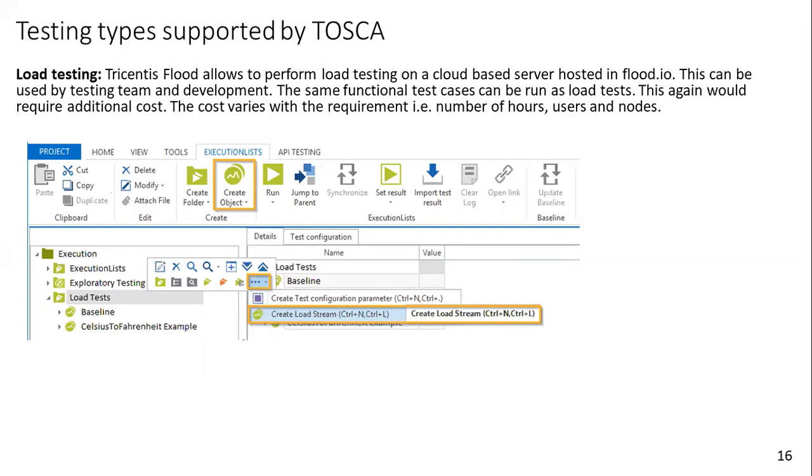So this is an advantage for an organization because they need not maintain anything. Most people might know that for performance testing, the only tool in the market which is ruling is LoadRunner. For LoadRunner, you need to purchase licenses for the whole year, and performance testing happens only once or twice a year.